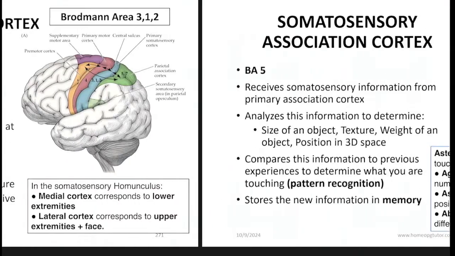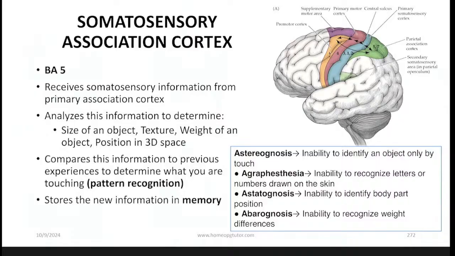Next one, we were talking about the somatosensory association cortex. I was mentioning, right? Memory storage of somatic sensations. The Brodmann area 5.